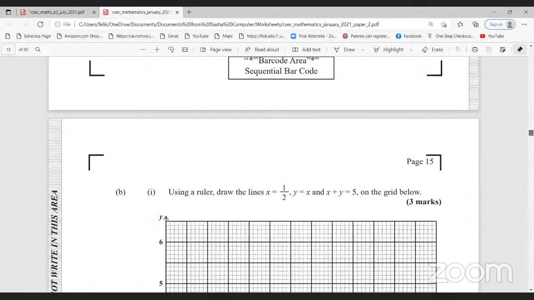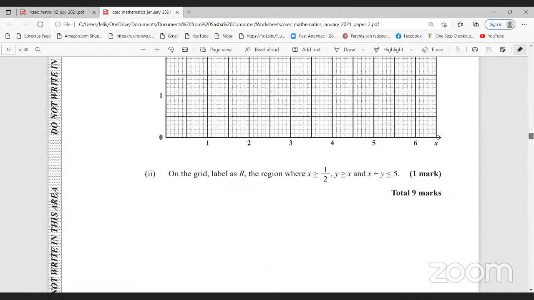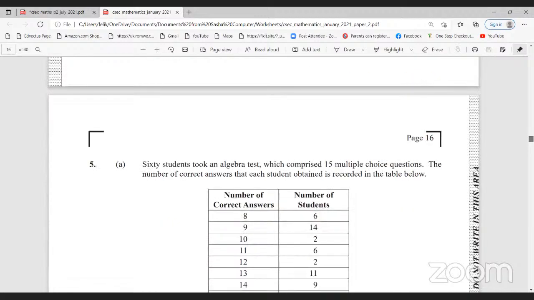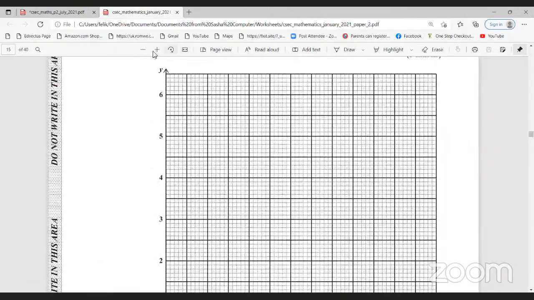That's function. All right, so let's look at this one.